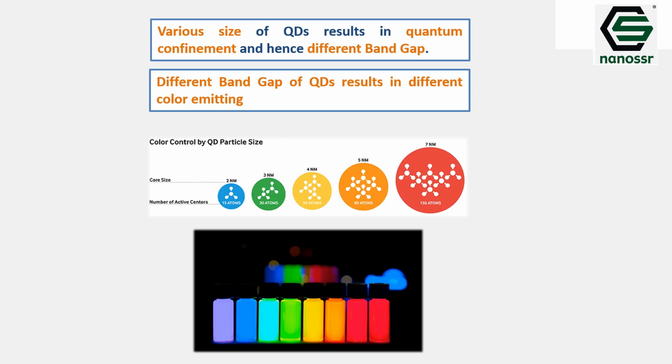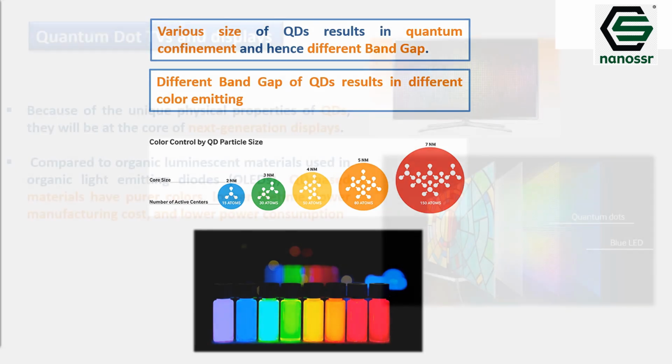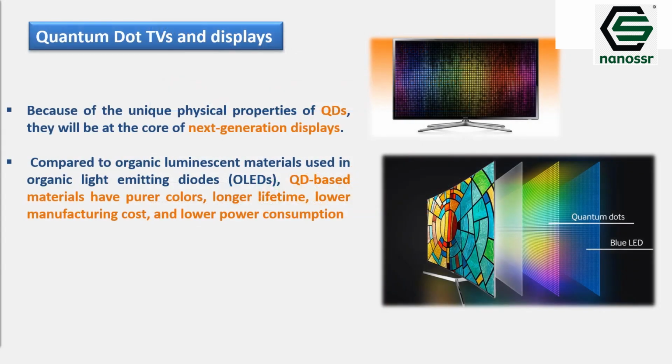The unique size and composition tunable electronic properties of these nanostructures make them very appealing for a variety of applications and new technologies, such as electronics like single electron transistors, optical applications like TV displays, solar cells, information storage, imaging, medicine, and even sensing. Let me show you some examples of quantum dots.